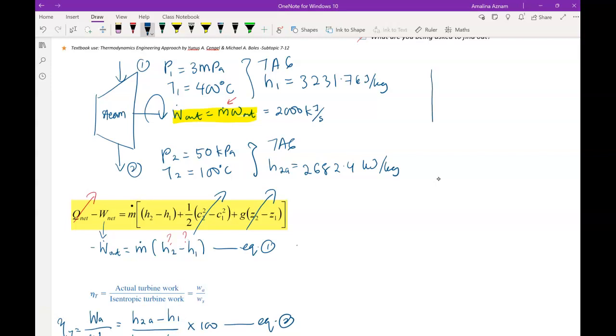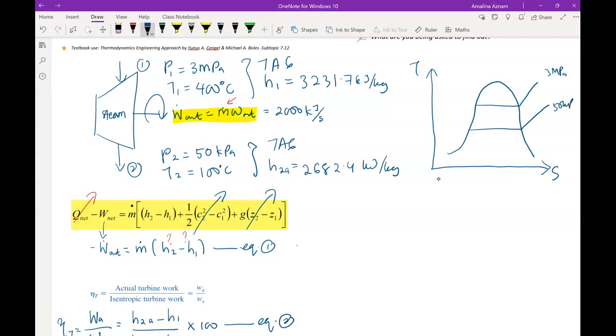If I can sketch this in your TS diagram, your turbine is operating between these two pressure lines, 3 megapascal and 50 kilopascal.